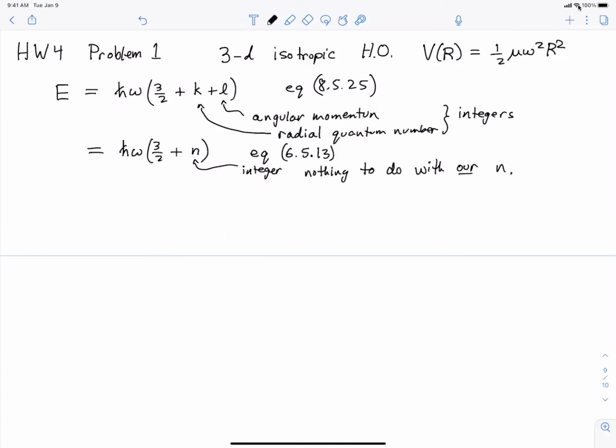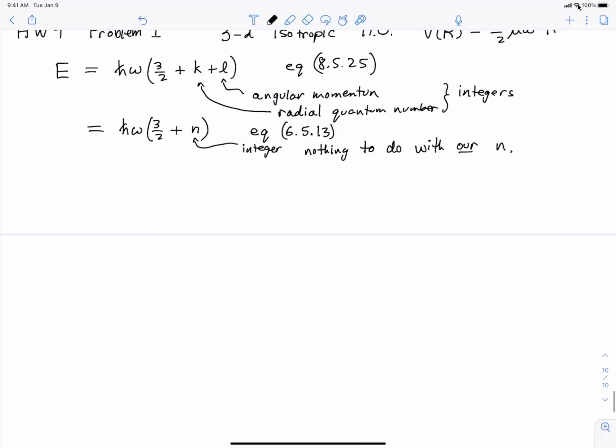Because our n in the problem had to do with a trial wave function. And the trial wave function that we picked, or that I picked for you, was radial coordinate to some power, which I decided to call n, e to the minus kr, and then something that has the angular momentum information in it, namely the spherical harmonics.